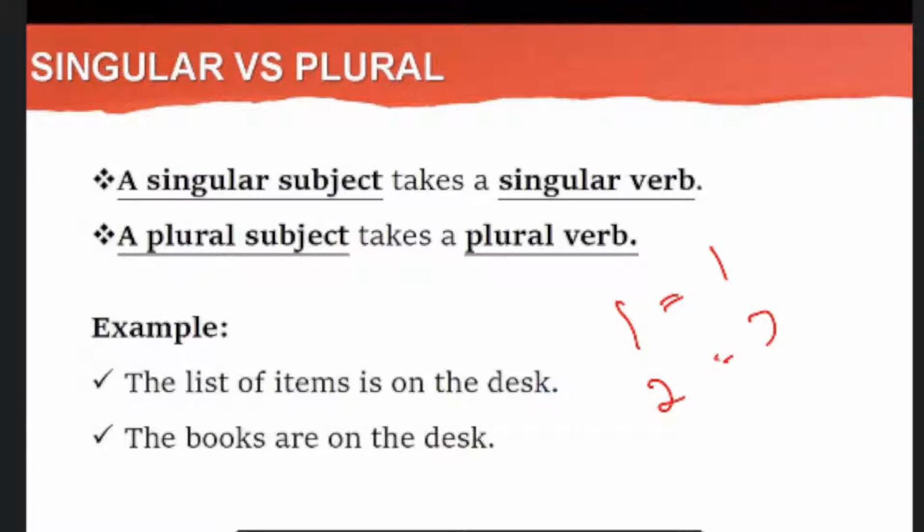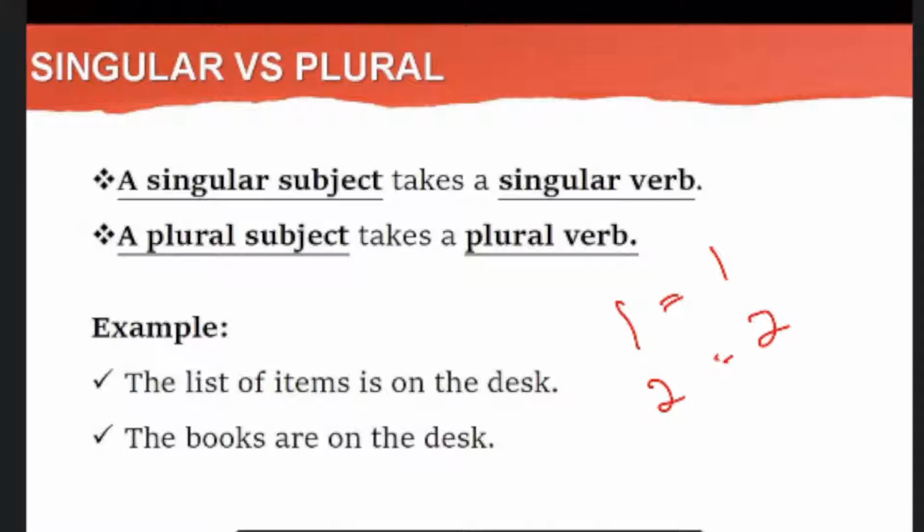Okay, so let's have a look at the examples provided here. The first one: the list of items is on the desk. You might be wondering, which one is the subject of this sentence? And then the second example: the books are on the desk.